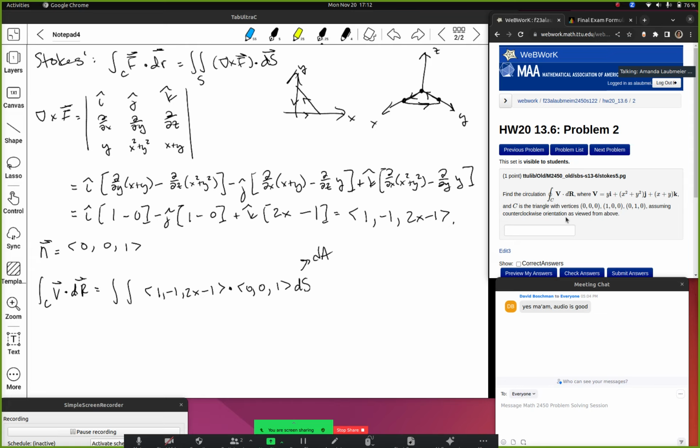In this case, the surface is already a flat object. Its dS is dx dy because it's a flat object that lives in xy. So there's nothing fancy to do there.